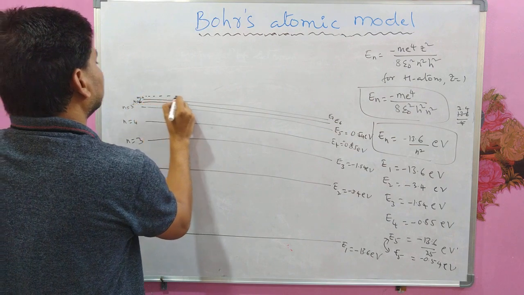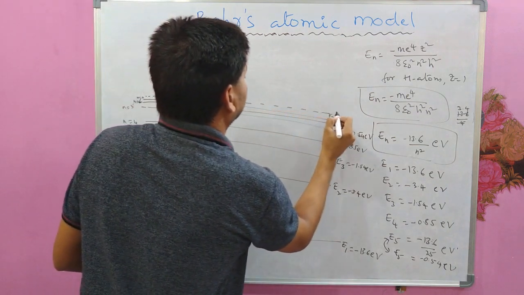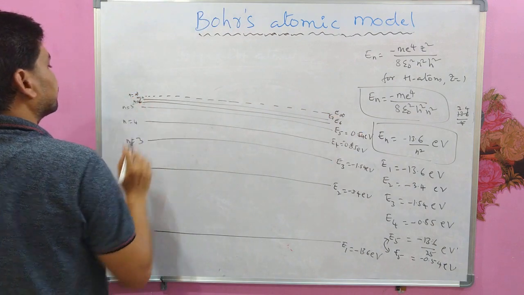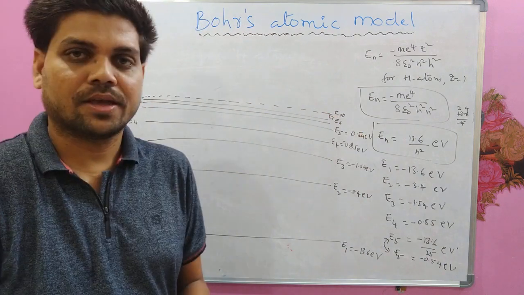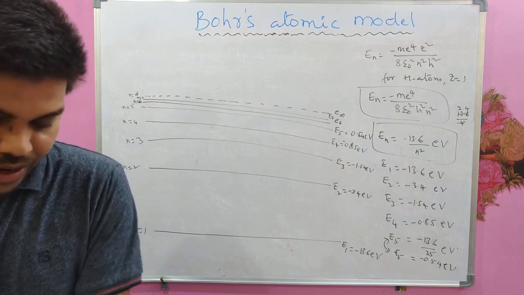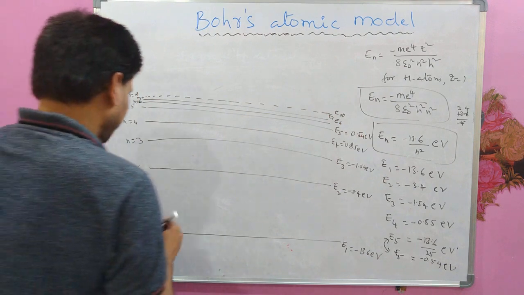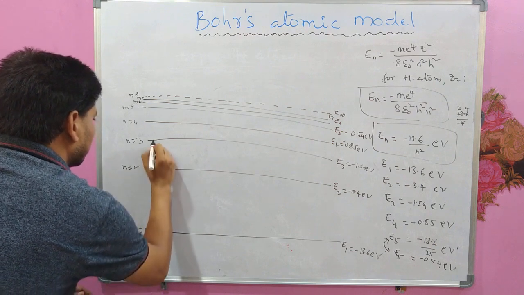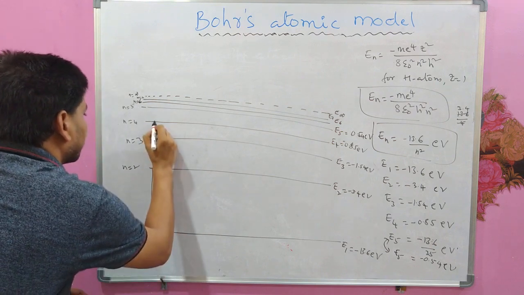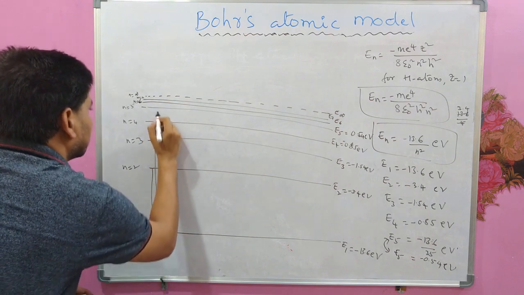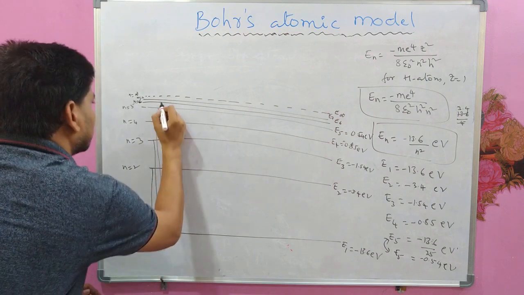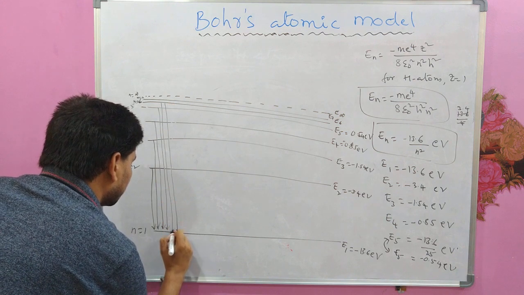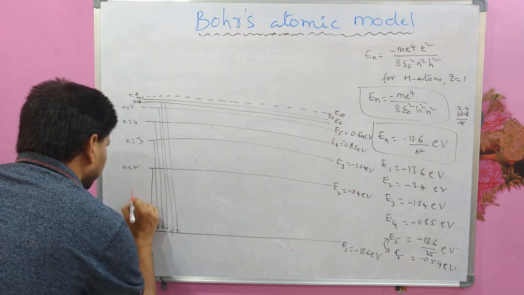Like that you will have E infinity also, n equal to infinity. And the Lyman series will be this, this, this, this and this. This is Lyman series.